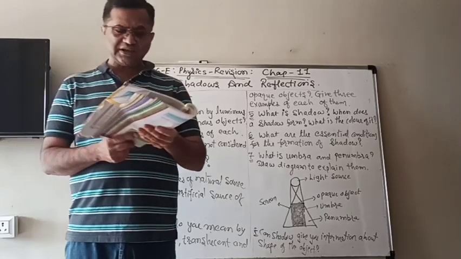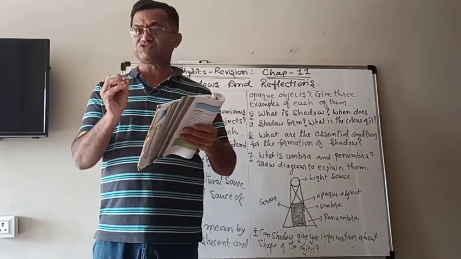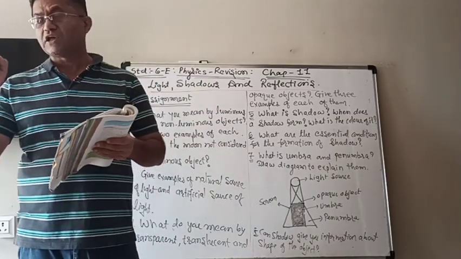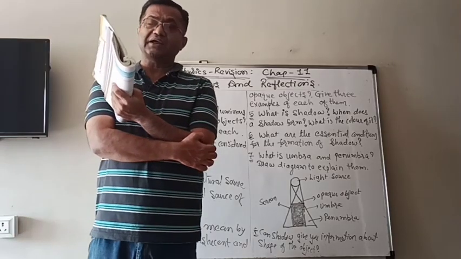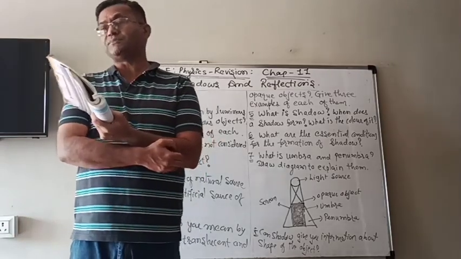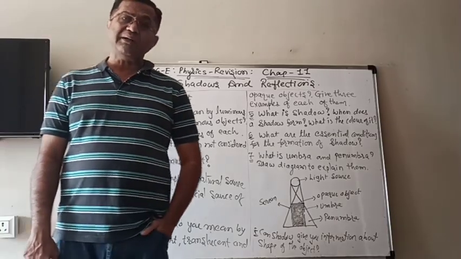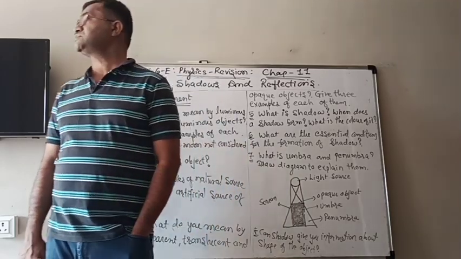So you must have the idea that the objects which emit their own light are known as luminous objects and the others are non-luminous objects. Now you will say, why is the moon not a luminous object?